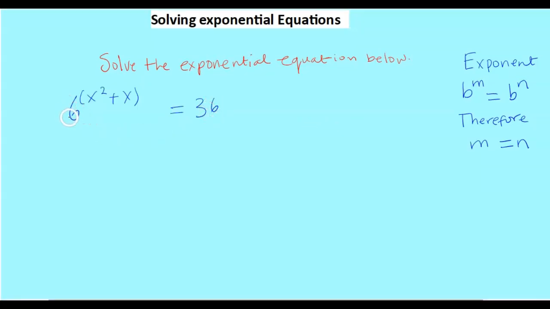So we have been given this, and we want to solve it. We have to see if we can change the 36 with respect to 6. And 6 times 6 gives us 36, so we can say 6 squared. So here we have the same base, so we will equate the exponents.